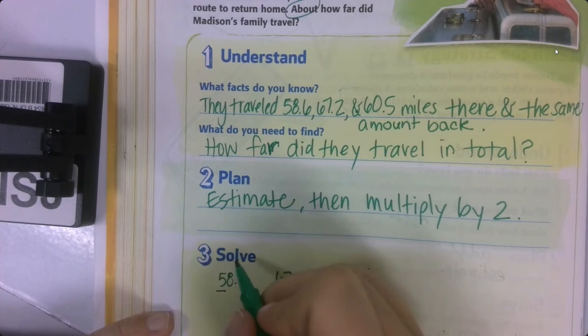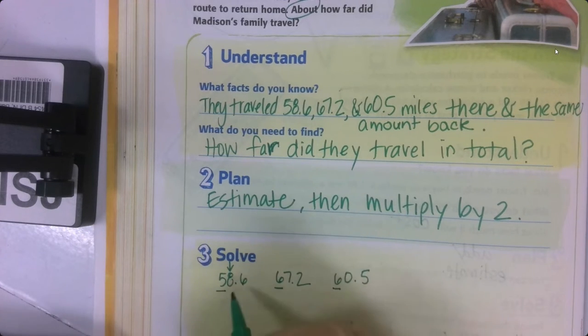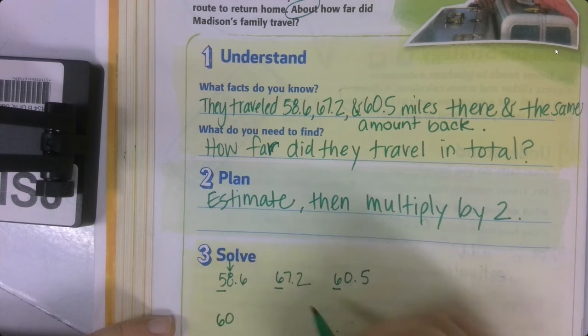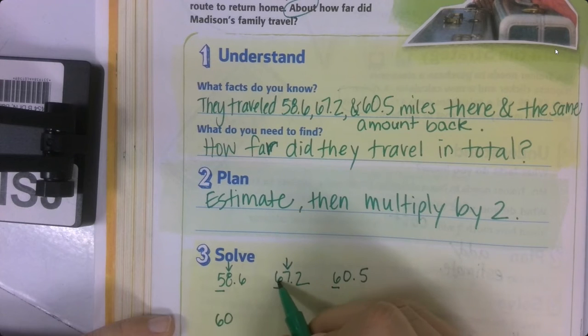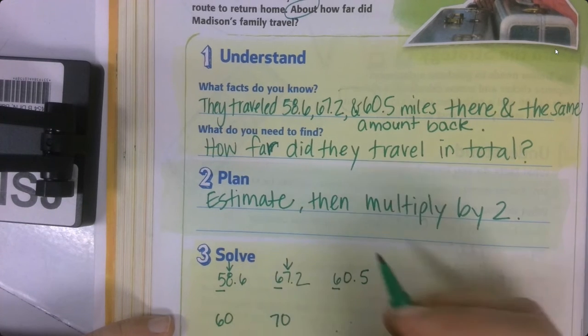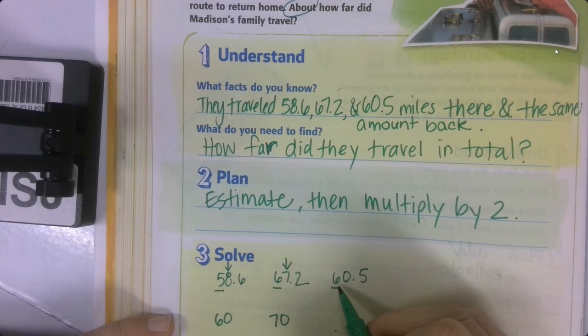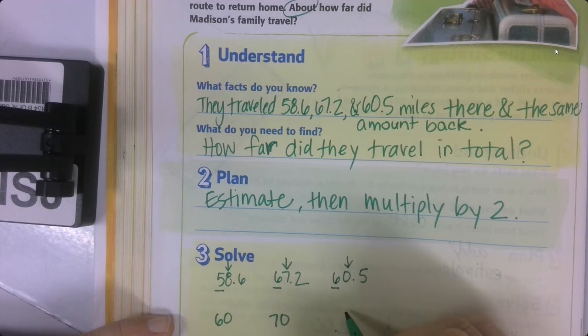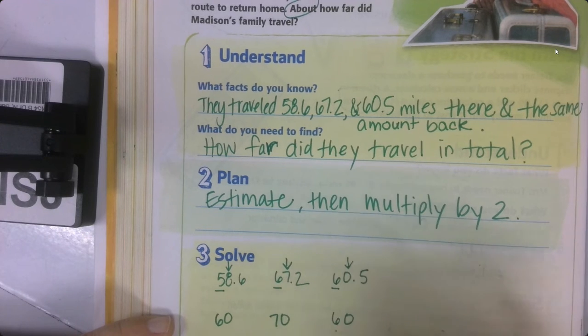Okay, so we have 58. 8 is more than 5, so we'll round our 5 up to 6. We have 67. 7 is more than 5, so we'll round our 6 up to 7. And here we have 60 and 5/10. Our 0 is well under 5, so we'll keep our 6.